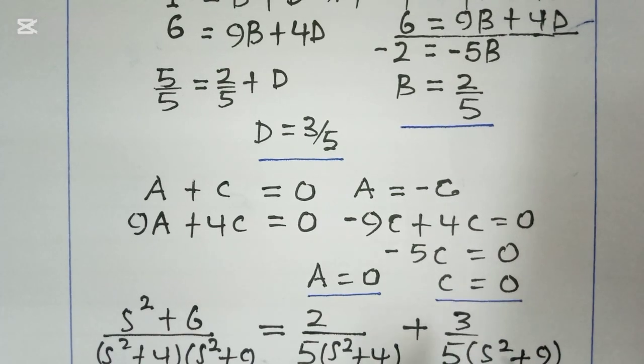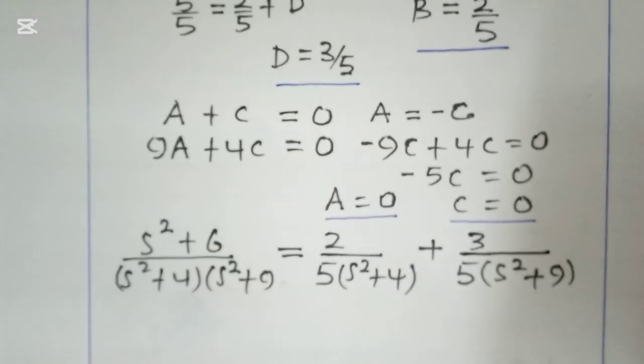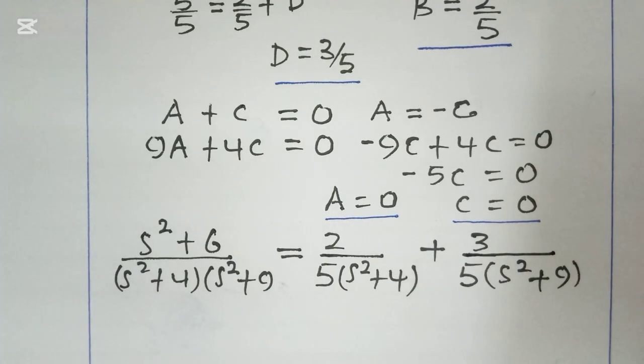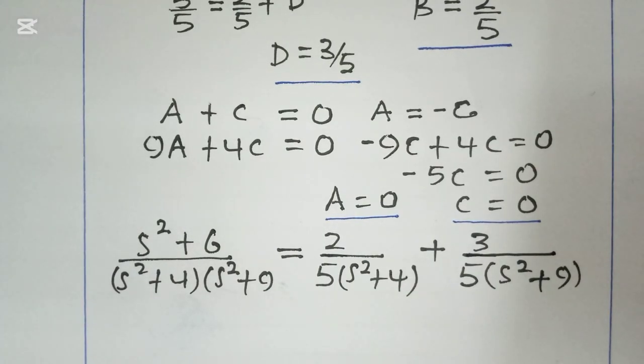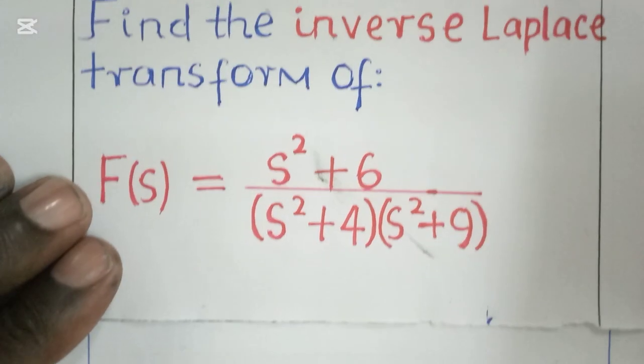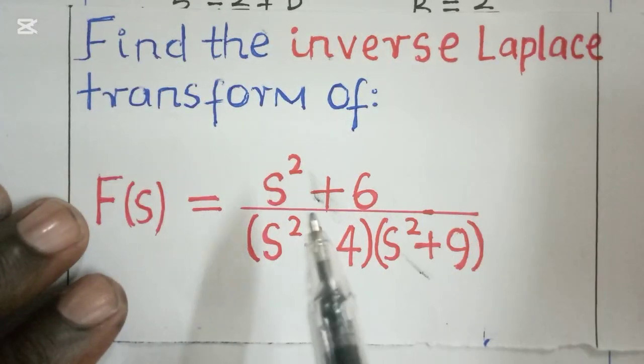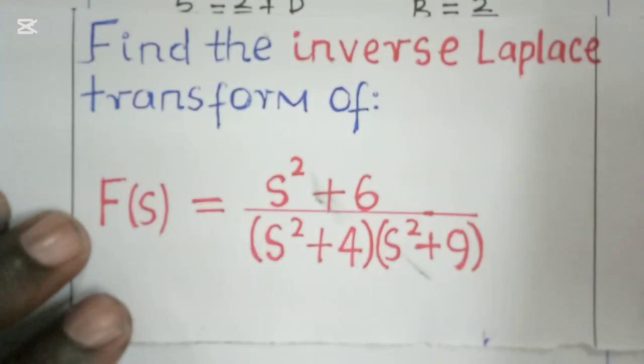So guys, that's what I have. Now we come and solve the equation, because we have been told to look for the inverse Laplace transform. This is what we are looking for. Find the inverse Laplace transform of that.